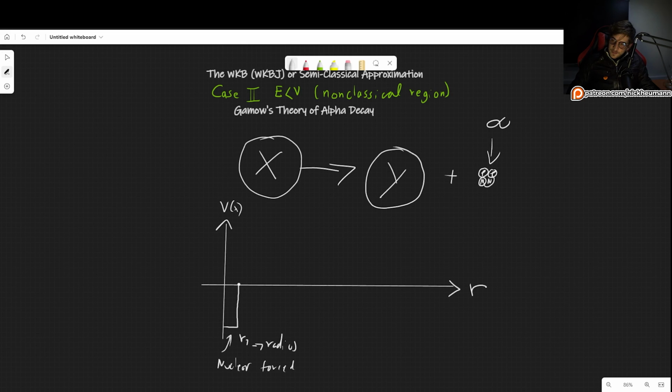After that, it will immediately jump because it is no longer being held together by these nuclear forces that decay very quickly. Okay, so that is one of the main things about the nuclear forces. They decay incredibly quickly as soon as you move outside. So that is why there's this big jump, and then it is repelled by the positive charges in the nucleus, because in the end, what do you have in the nucleus?